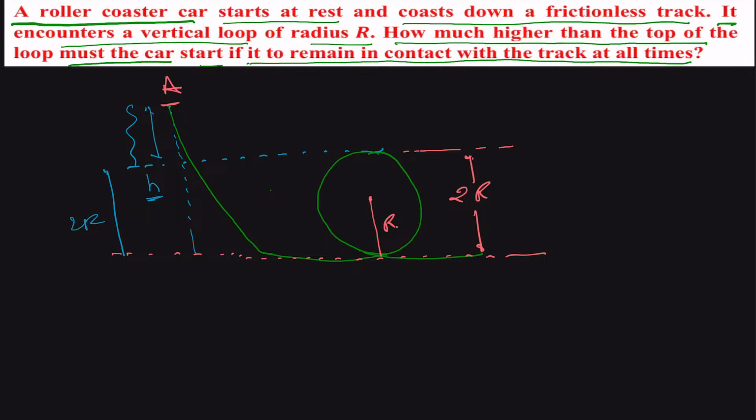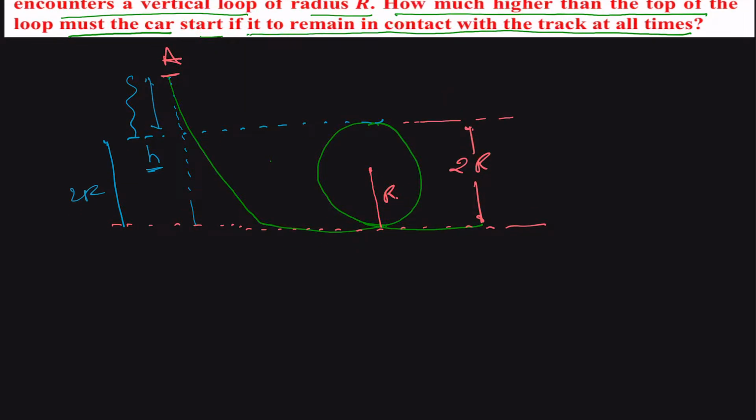And so in this loop, let us mark one point. Let us call this point B, and we are mainly interested in this point B, because if the car is able to maintain the contact at this point B, it will be able to maintain the contact at all the points, because in this case the mg as well as the normal will both be acting in the downward direction.